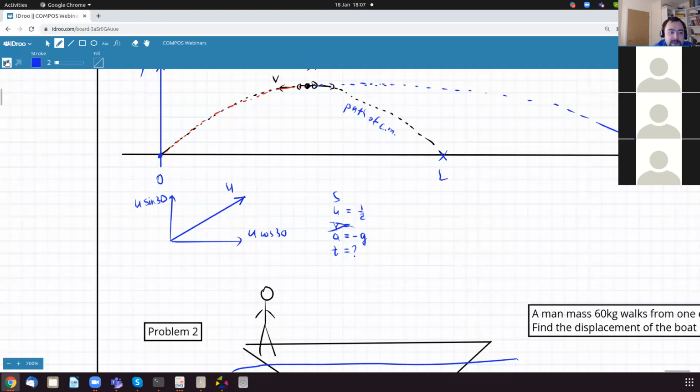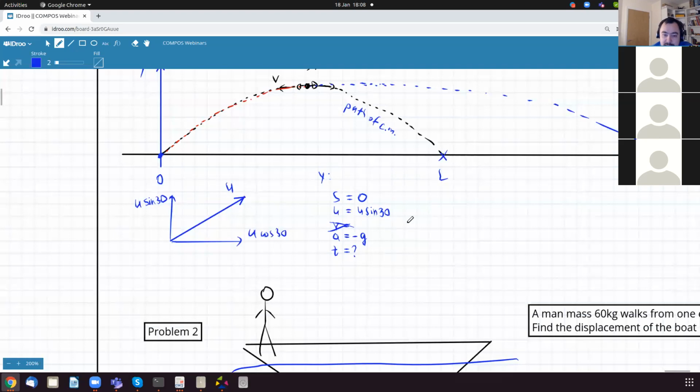You know what? I'll write u sine 30, just for the sake of it. And s is 0, because it starts at y position 0. Yeah, because we're only doing the y direction. So the vertical displacement is 0.